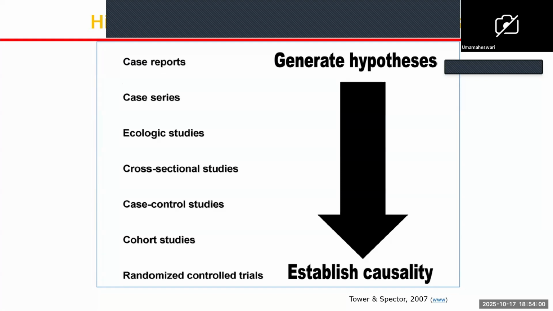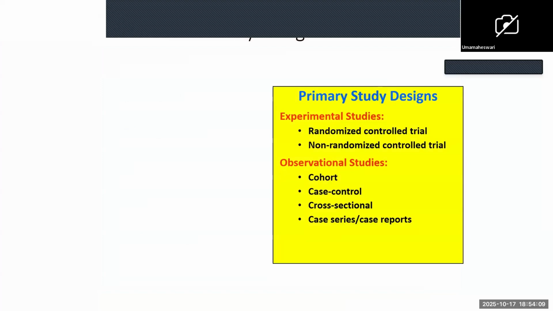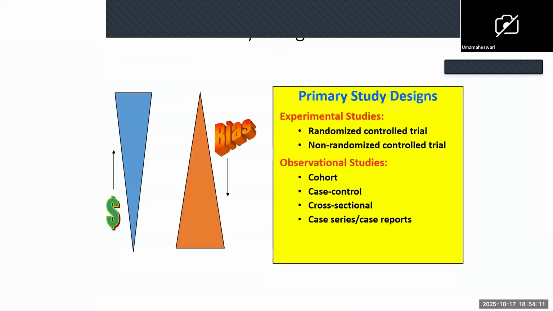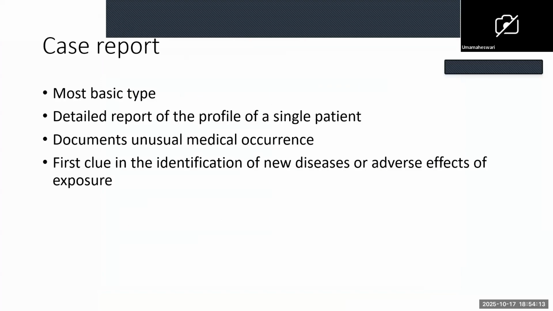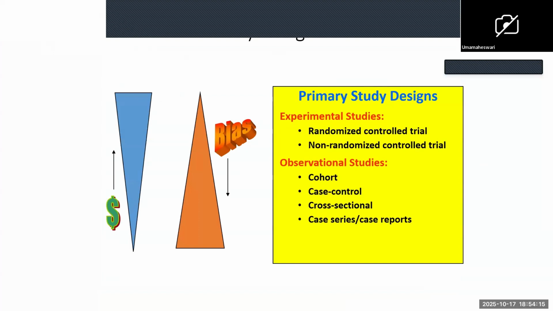Above RCT, you have your systematic review. That is not your basic study design. That is not a primary study design. The primary study designs are again divided into experimental and observational studies. In an observational study, you simply observe what happens in the community. You don't intervene.